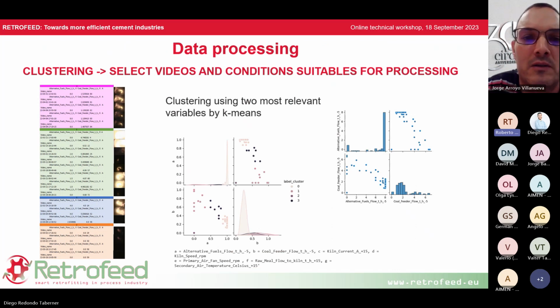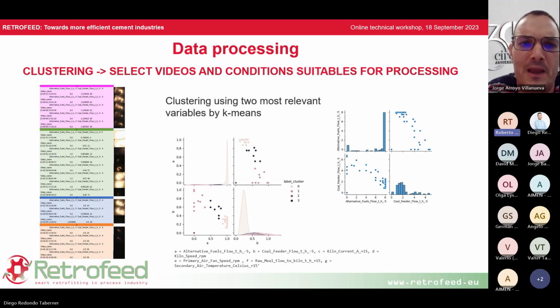Since we had a lot of videos and data to label, we applied clustering first using the K-means algorithm to select the videos and conditions suitable for training and processing.